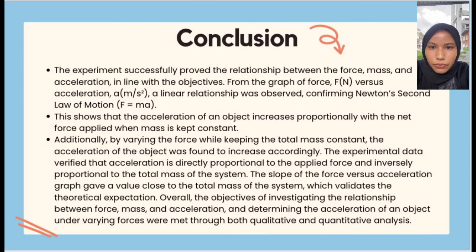Furthermore, the slope of the force versus acceleration graph allows us to determine the mass of the system, which can closely match our theoretical expectations. Overall, this experiment achieved its objective. We explored the relationship between force, mass, and acceleration, and we determined how an object's acceleration changes under varying force using both qualitative observations and quantitative data.